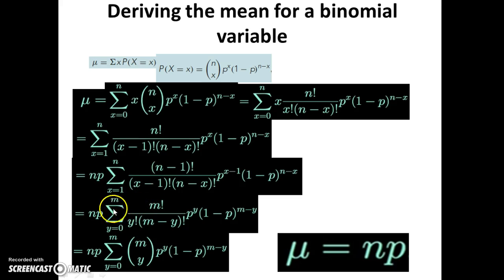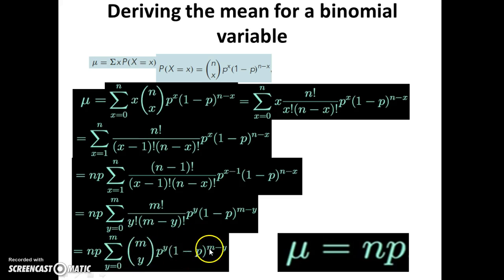And then I also change the upper limit and the starting number, and I get this. And I know that this expression in here actually is the binomial coefficient. And when I look over here, this part is actually the binomial theorem.